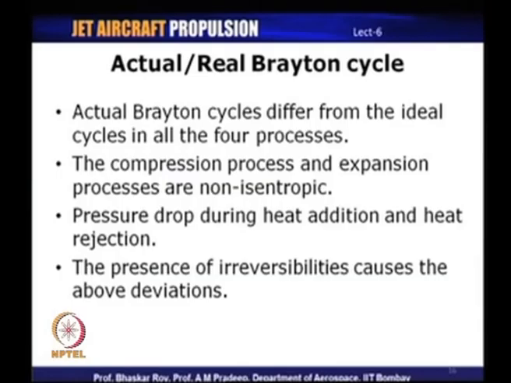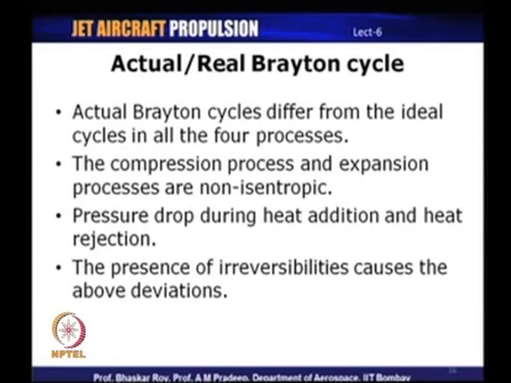So, an actual Brayton cycle differs from the ideal cycle in all 4 processes. One of the basic assumptions of an ideal cycle is that all the 4 processes are internally reversible. Actual processes are not. For example, the compression and expansion processes in an ideal cycle are assumed to be isentropic.